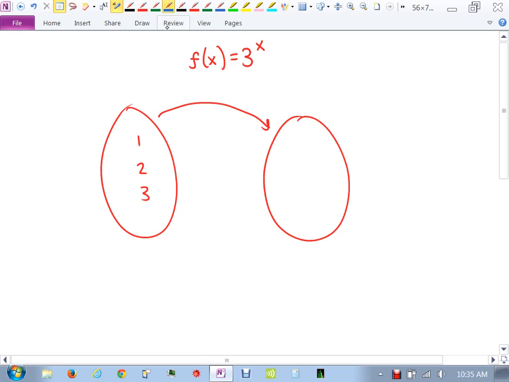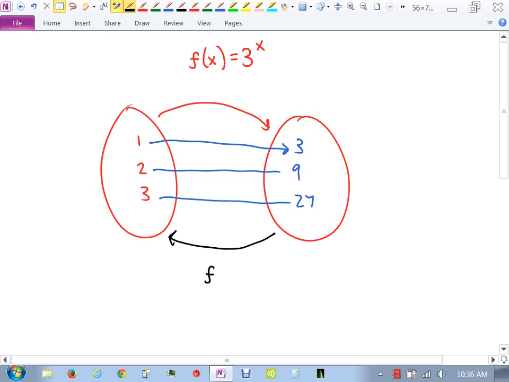We said 2 went to 9, 3 went to 27, and 1 went to 3, right? And we were trying to find a way backwards to get this f inverse. We said, what the heck is the inverse of an exponential function? So we needed a function that took 3 back to 1, 9 back to 2, and 27 back to 3.